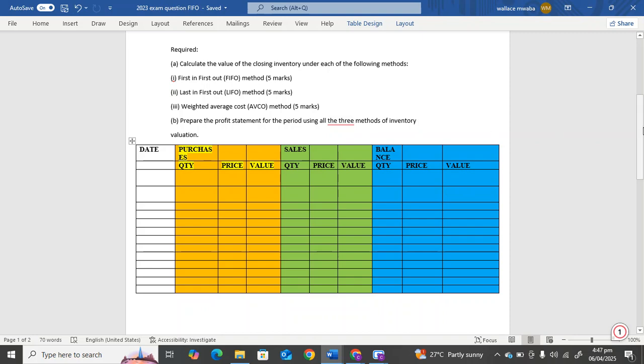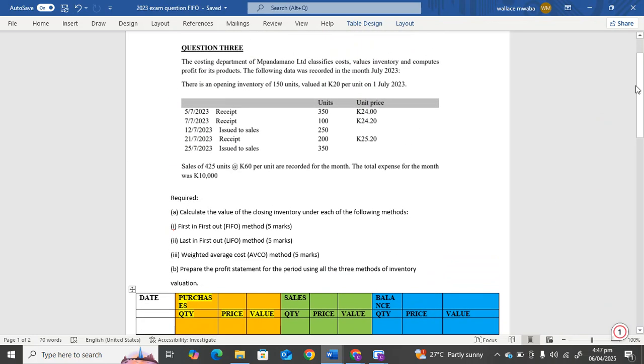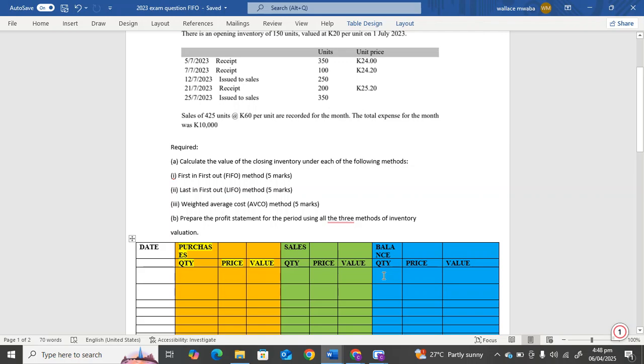Okay, so the first thing, you start with your opening inventory: 150 units valued at 20 kwacha each. So you multiply 150 times 20.